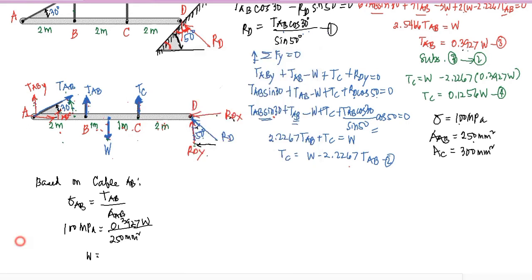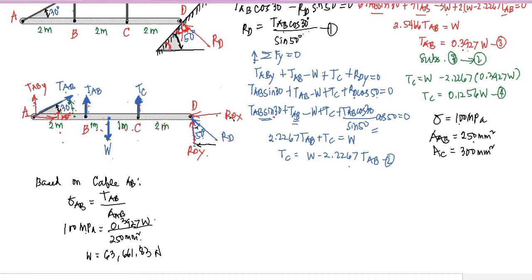So why Newton? Kasi we have here the stress in megapascal and the area in mm square, so yung lalabas na force is in Newton. So this is 63,661.83 Newton.